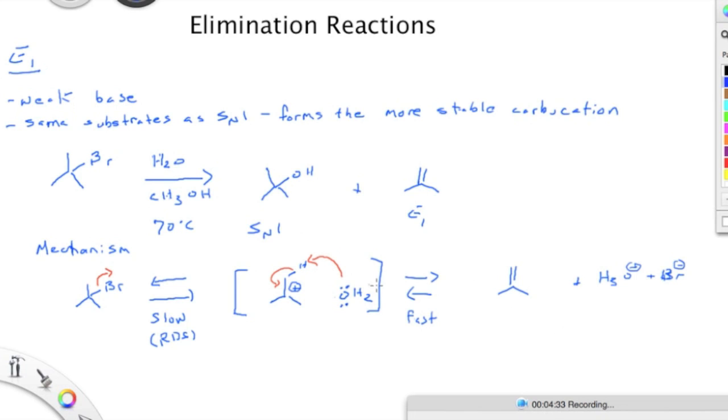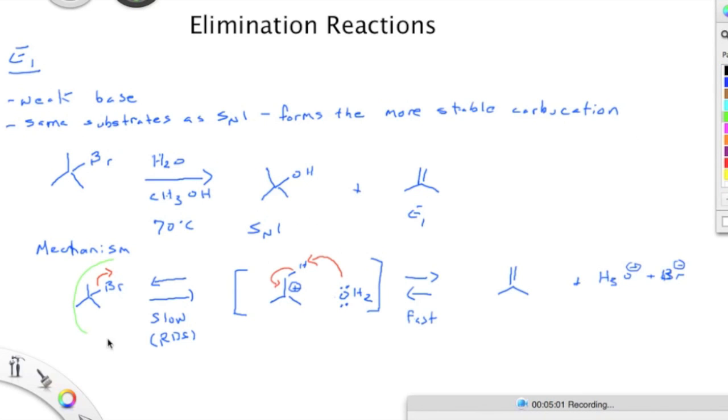So this is what happens with an E1 reaction, which is a close analog of the SN1, and the fact that we have two reactions that are competing during the process. So as you can see from this, this is our slow step. So the rate of our reaction only depends on this initial step.